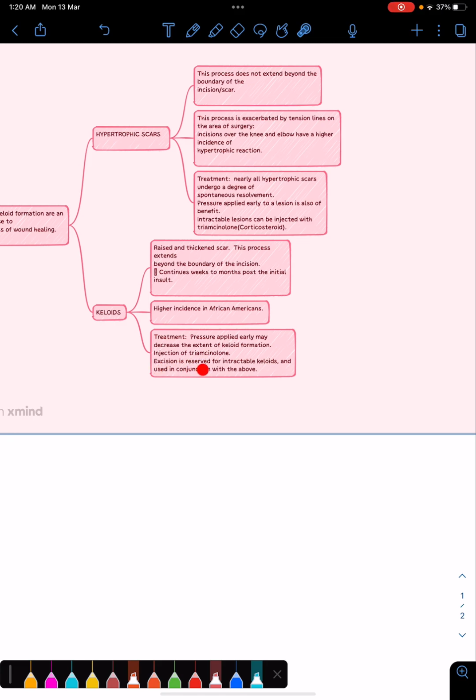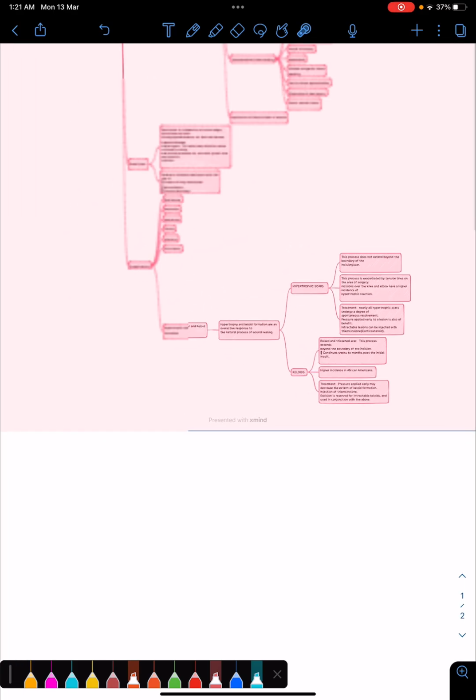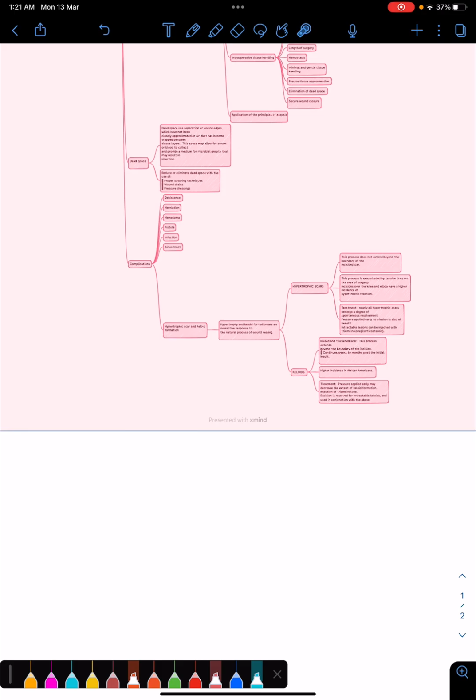Excision is reserved for intractable keloids and used in conjunction with the methods mentioned above. So basically the same method and the same management are going to be applied to both keloids and hypertrophic scars, which are the important complication of the wound.